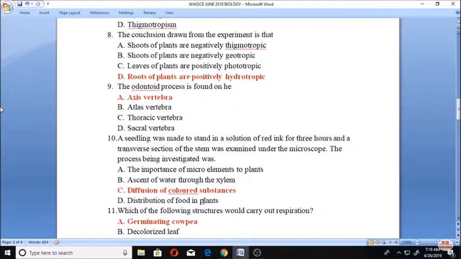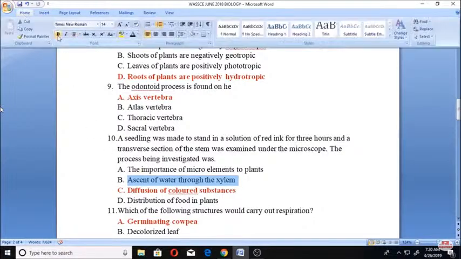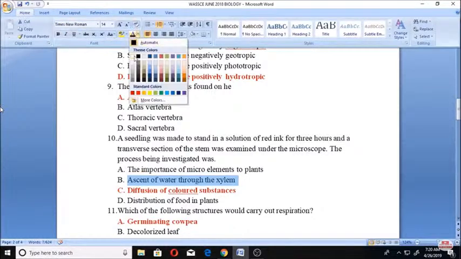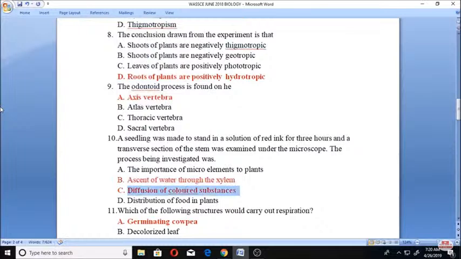So the right answer is B, ascent of water through the xylem. That's actually what you use that to study, and not the diffusion of colored substances. So I'm going to color B because that's supposed to be the answer and not C.